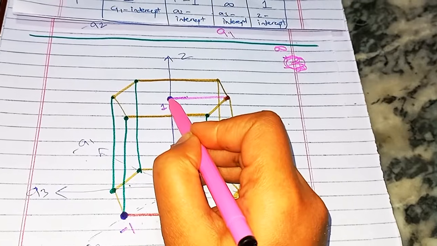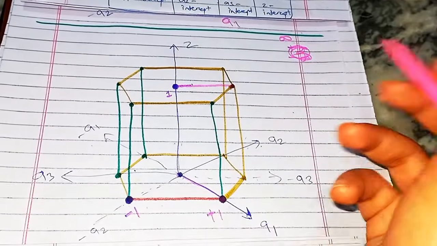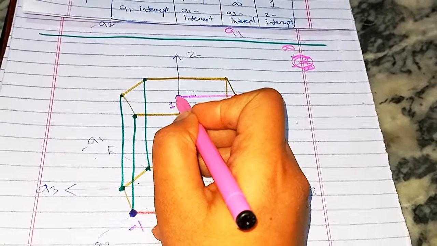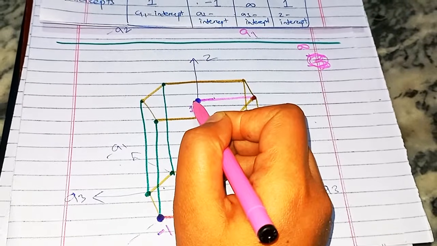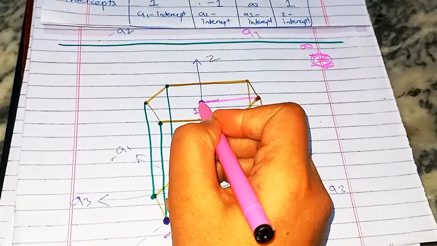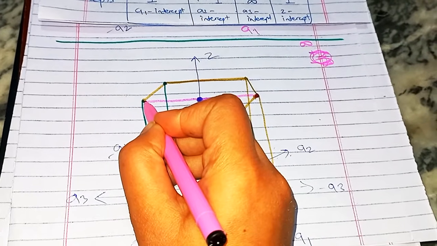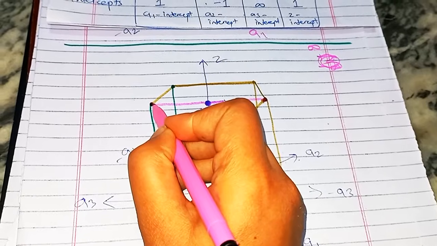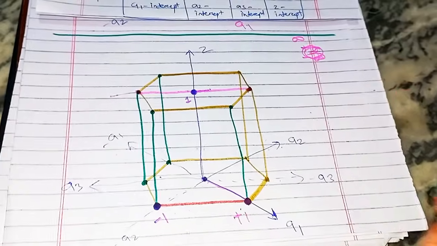But it can also happen in this direction because it's valid. We can move it because we have not reached another unit cell. It's inside a single unit cell. So from this point we'll also draw a parallel line, and we'll stop at the other corner of the unit cell, which is this point. We can't move any further now. This is the end point and this is the end point.